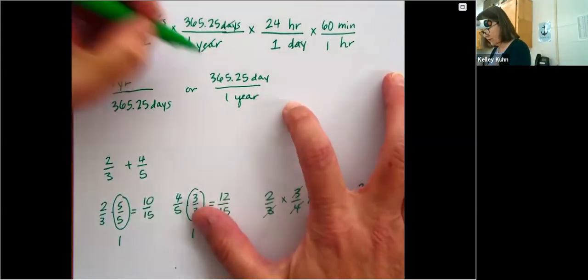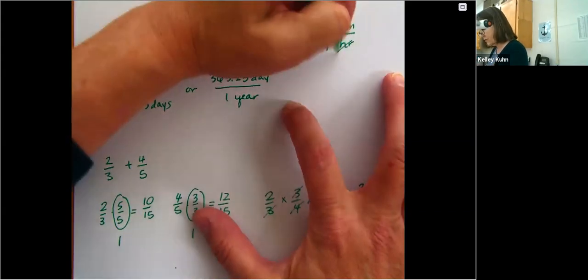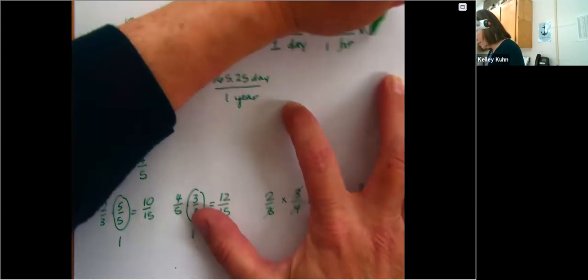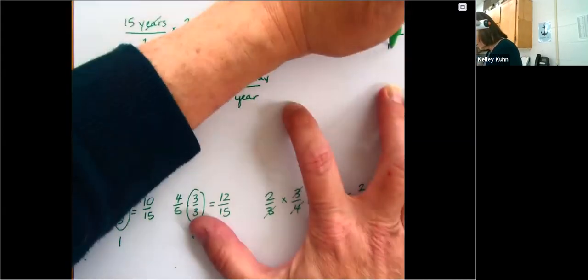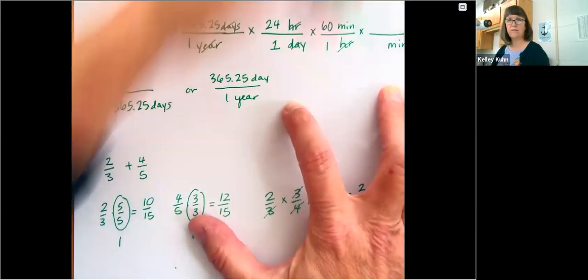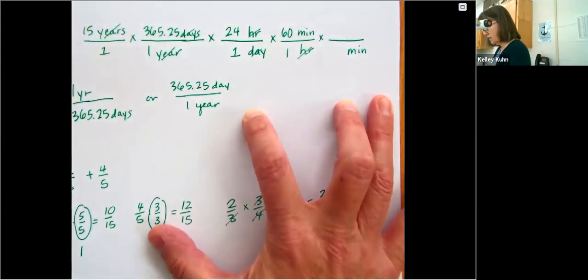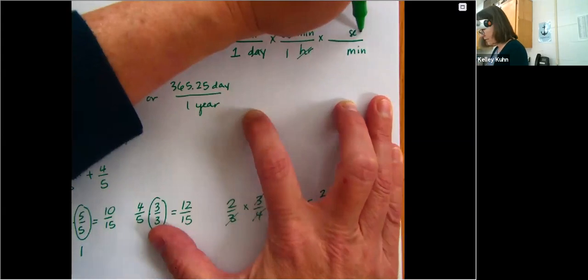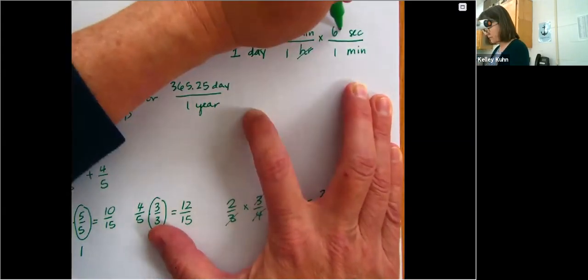I've gone from years to days, days to hours, hours to minutes. What's going to be at the bottom of my next ratio? Minutes. And I can go from minutes back to seconds. What's that relationship? Well, 1 minute is 60 seconds.